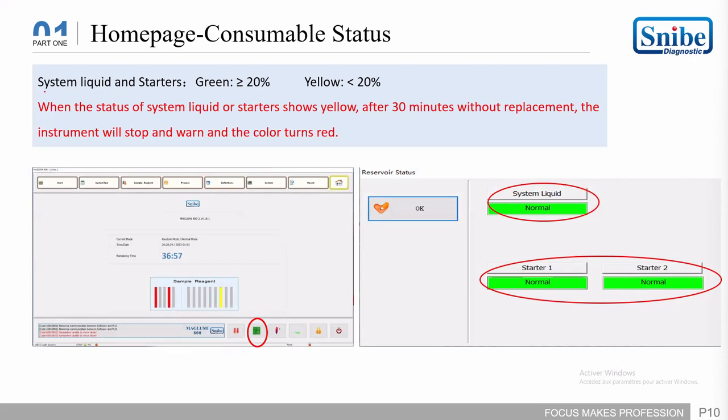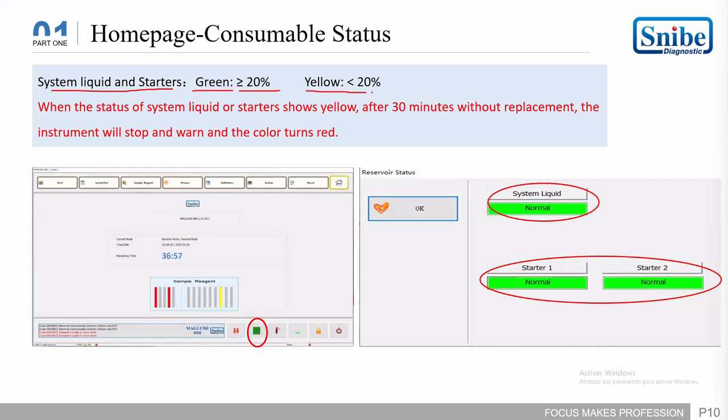Then we have the system liquid status and starters status, the consumable status. If the amount of the system liquid or starters is higher than 20%, the color displayed is green.